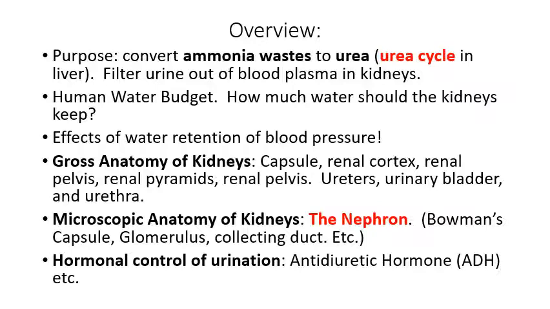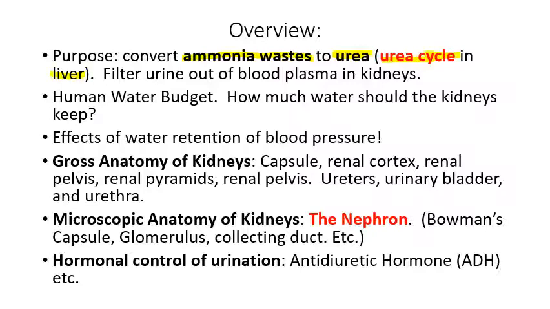And ammonia is a toxic waste product that would do a lot of damage to the cells and to the other parts of the body were it not for the fact that we convert it into a less toxic form called urea, using something called the urea cycle, which takes place in the mitochondria of the liver cells, the mitochondria of the hepatocytes.